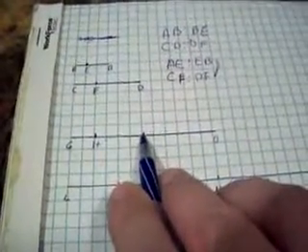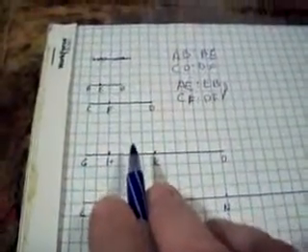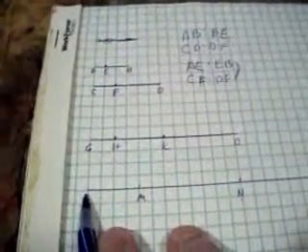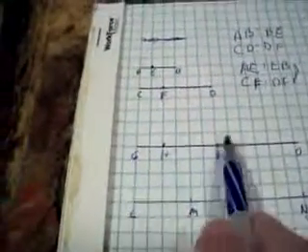GK is twice as long as AB, and LM is twice as long as CF. Got that?